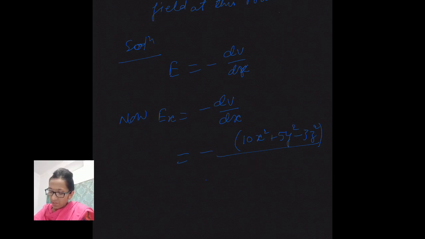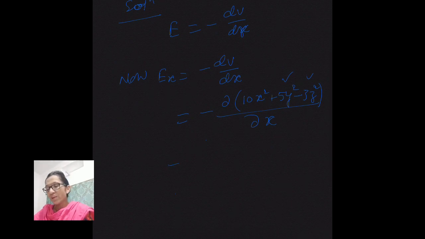Let me tell you one more thing. Let me write here del. Here, del means that it is differentiated with respect to x only, and the rest of the things, like the y value and z value, are taken as constant. So whenever you have del in place of d, this also means differentiation, but only with respect to x, taking the y and z terms constant.